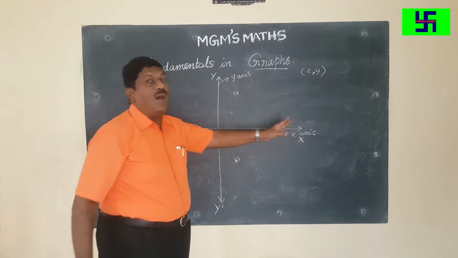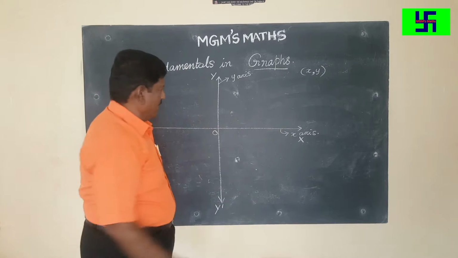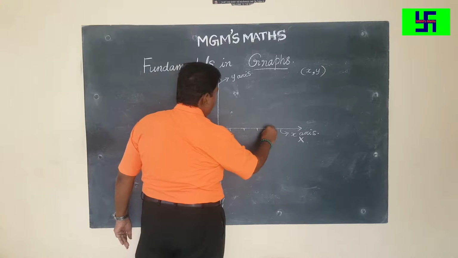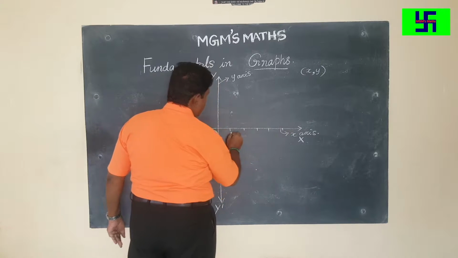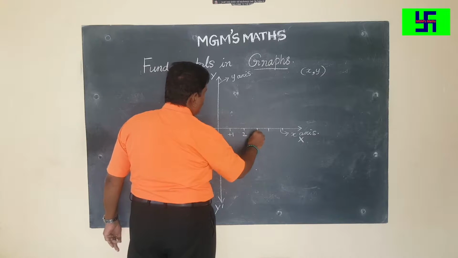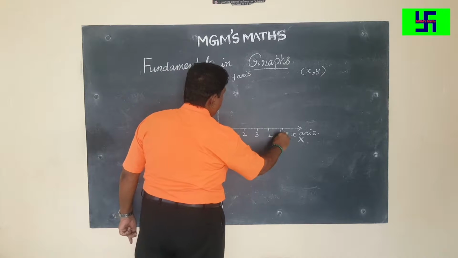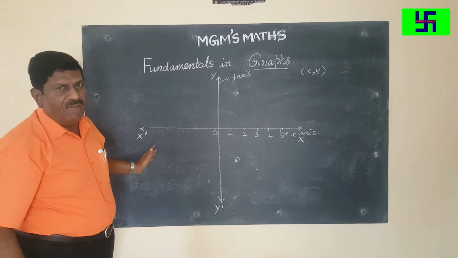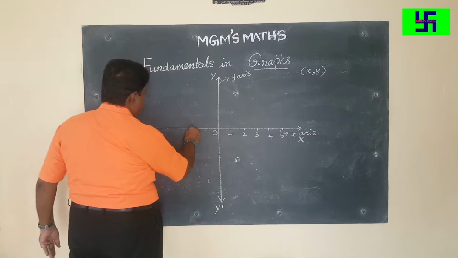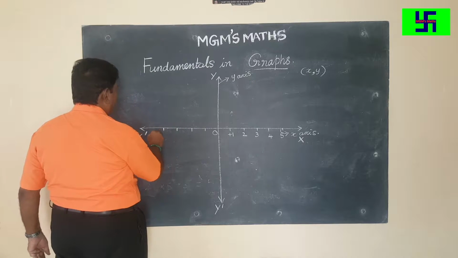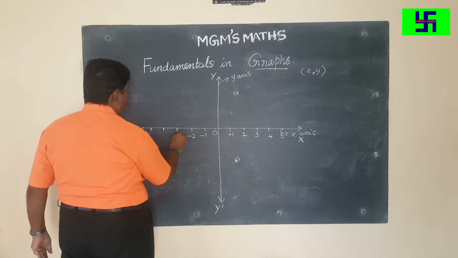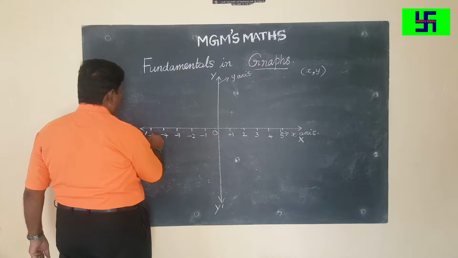OX is the positive side of the x-axis, so we mark 1, 2, 3, 4, 5. These numbers are positive numbers 1, 2, 3, 4, 5. On the left hand side of the graph we have the negative side of the x-axis, you see, minus 1, minus 2, minus 3, minus 4, minus 5.